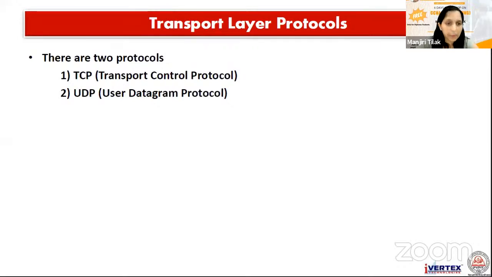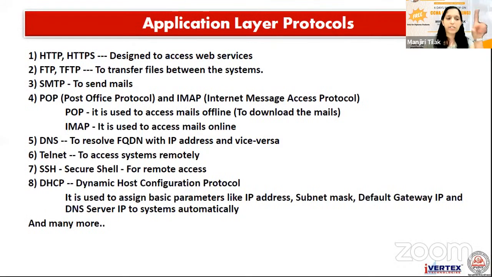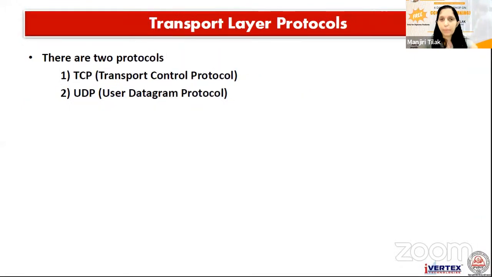One is the TCP protocol, that is Transmission Control Protocol, and the second is the User Datagram Protocol, right? Now, all these application layer services or protocols either use the TCP or UDP mechanism for transportation.